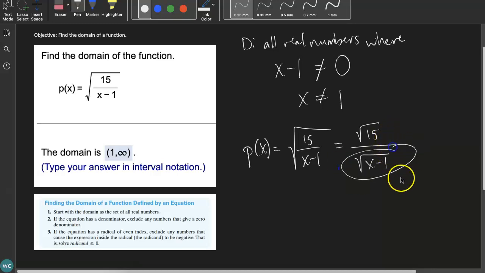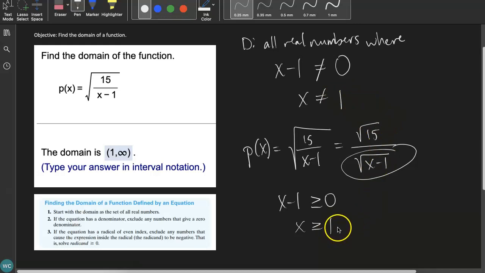What's the most meaningful is this part here, the square root of x minus 1. We've already addressed how it's in the denominator. What we now want to address is we want to set that radicand greater than or equal to 0. So that's what I have written here, is that radicand, the expression under the radical, is greater than or equal to 0. We would add 1 to both sides, getting that x must be greater than or equal to 1.